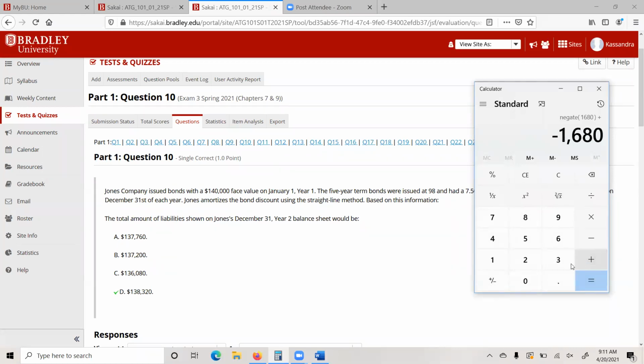So we would have $140,000 face value of bonds minus $1,680. So the bonds shown on the balance sheet after discount should be $138,320, which corresponds to letter D. We had a couple answer letter A, and we had a couple answer letter C.